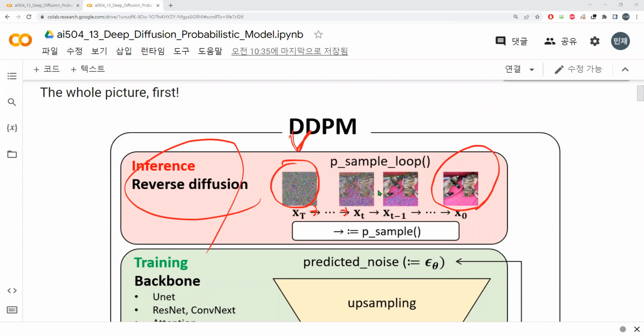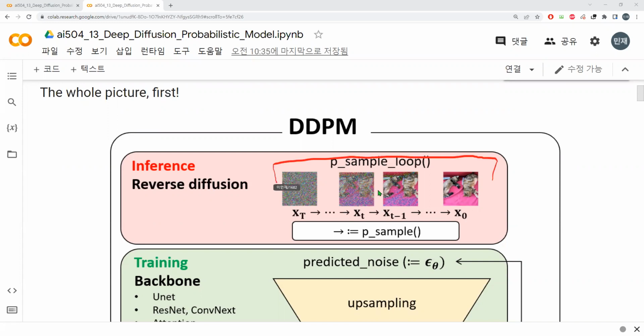We can take a single step in reverse with this rightward arrow, which is implemented with this p sample function in this notebook file. And as you see, all these images draw a trajectory from total noise to a real image.